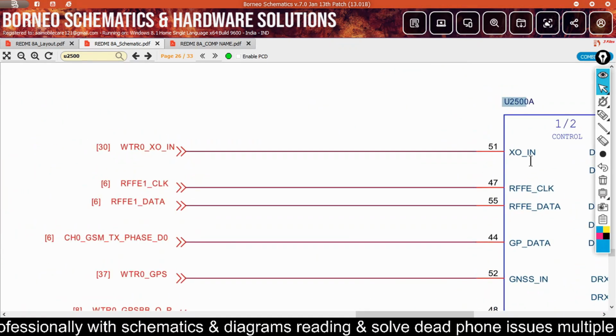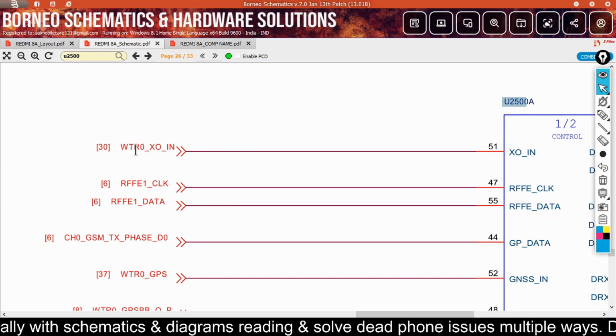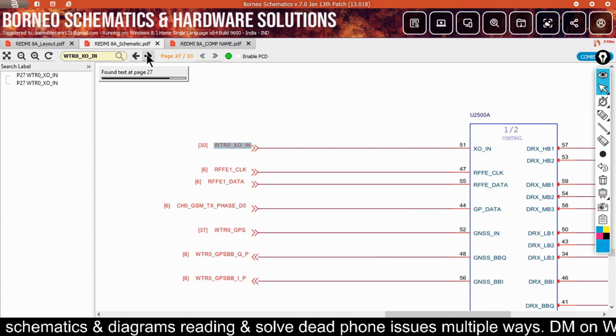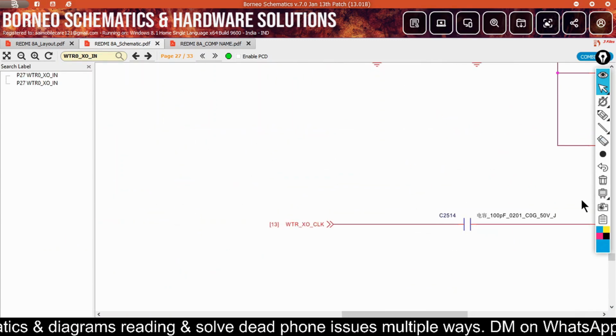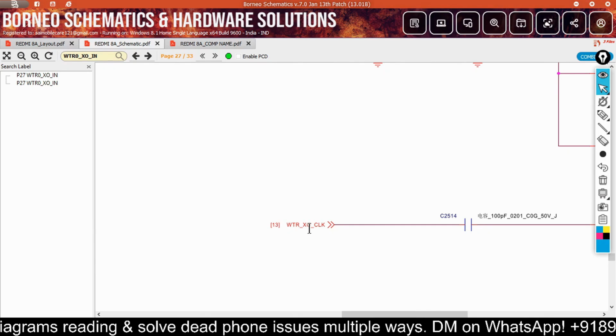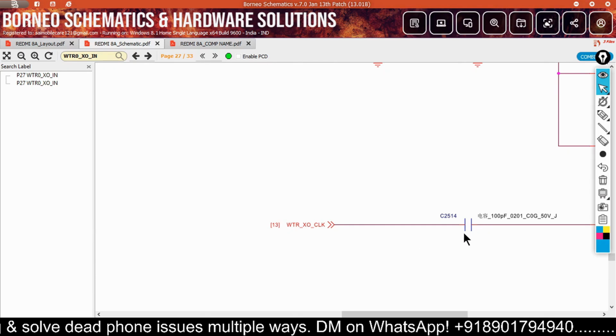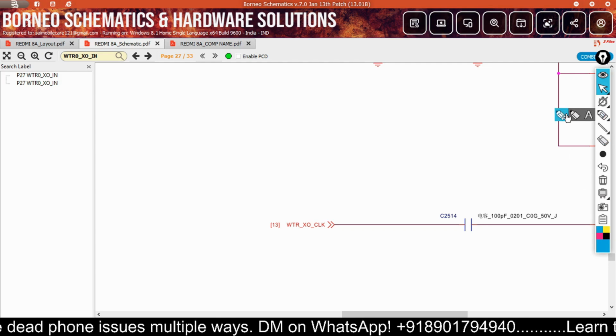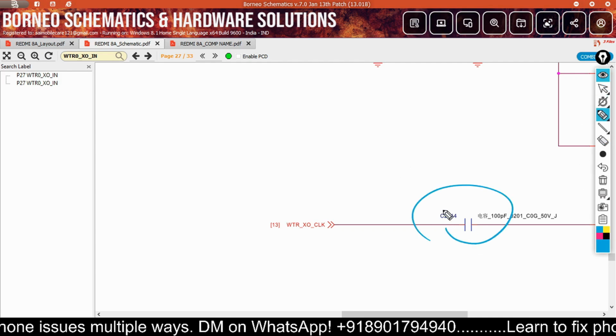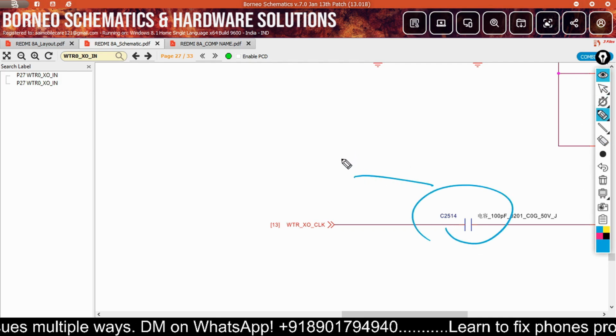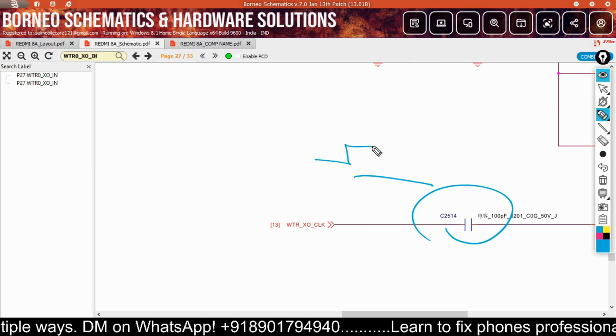Now there is an XO, right? When we copy this and then next, now this line also comes from the WTR clock signal. This one is a clock signal. Now a capacitor in series, right? Capacitor in series. A capacitor blocks the DC voltage and passes the frequency.